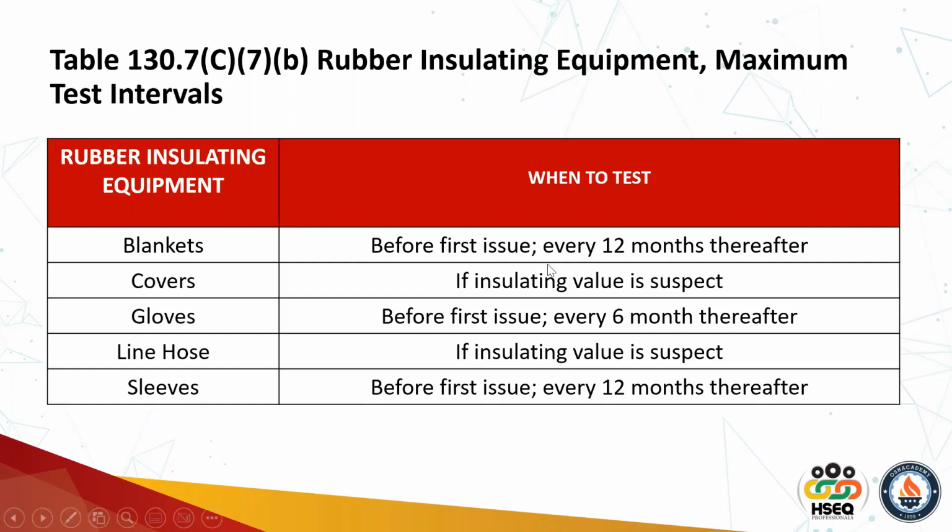Blankets: before first use, then after every 12 months. Covers: if insulating values are suspected. Gloves: before first use, then every 6 months thereafter. Line hoses: if insulating values are suspected. Sleeves: before first use, and then after every 12 months thereafter. So these are some testing requirements.